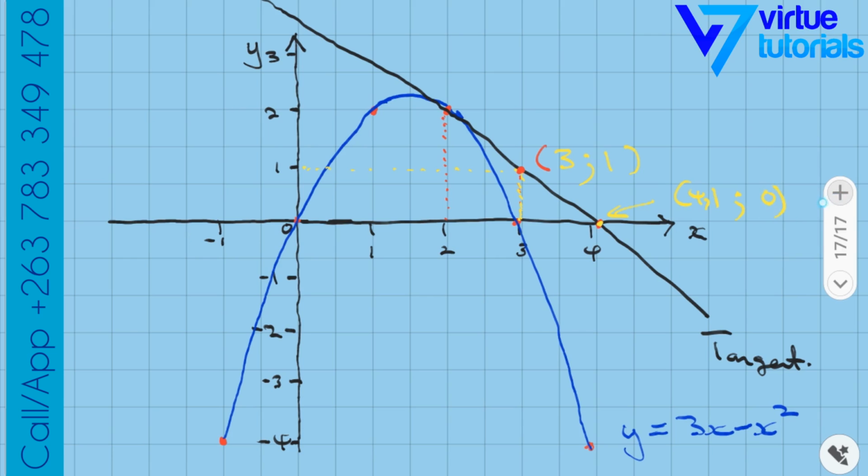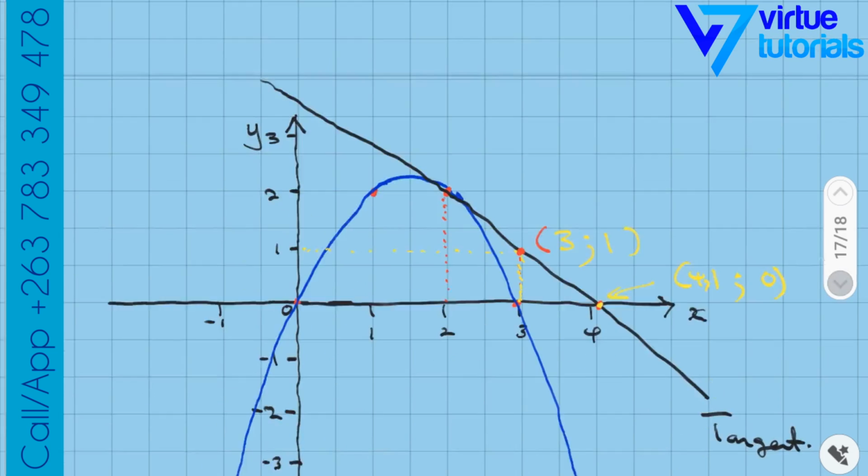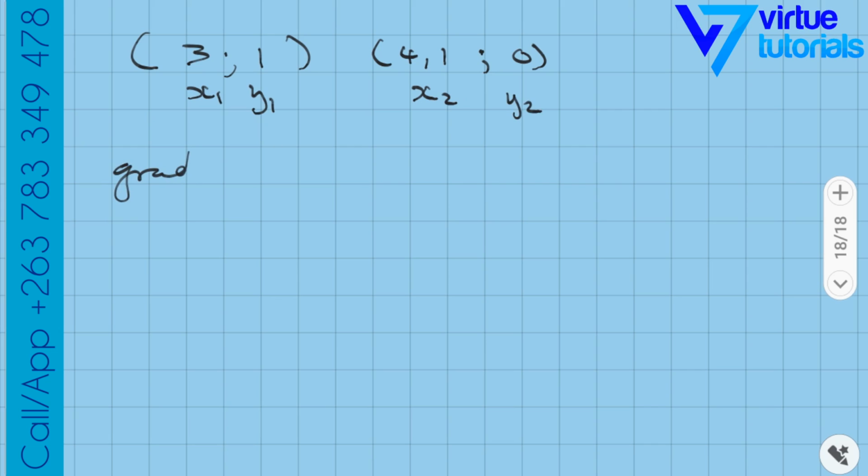So I can take those points and write them here. The first point is 3, 1. The other one is 4.1, 0. So this will be my x1, y1, and this will be my x2, y2. I can now calculate my gradient using my formula: y2 minus y1 all over x2 minus x1.